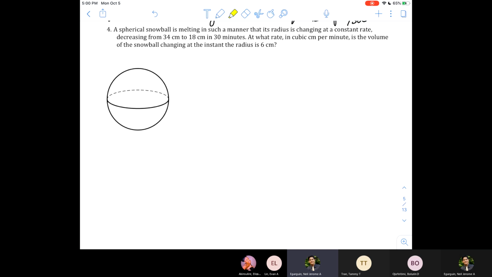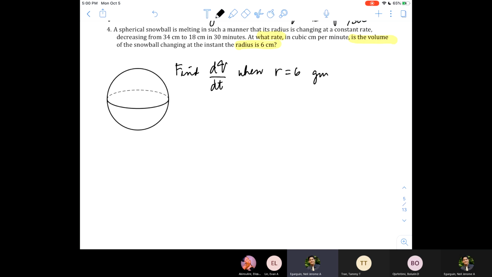We are asked to find at what rate the volume is changing, right? So that means we need to find dV over dt at the particular instant that the radius is 6 centimeters. That means when r is equal to 6.